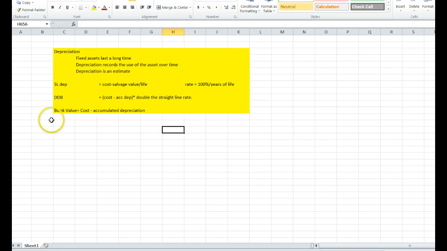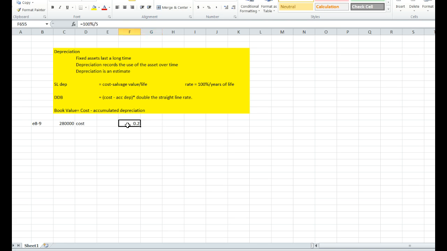Okay, so this is exercise 8-9, right? Our cost on that was $280,000. And it's going to last 5 years, so we're going to take 100%, divide that by 5.